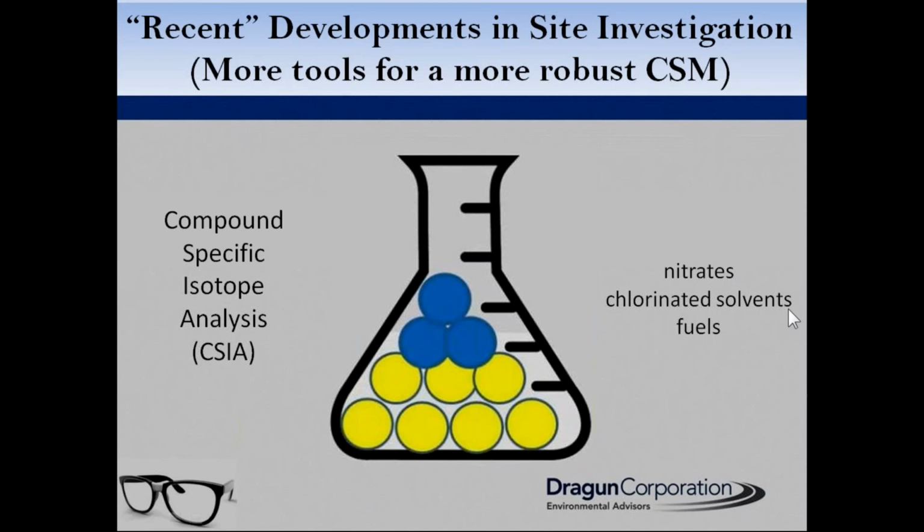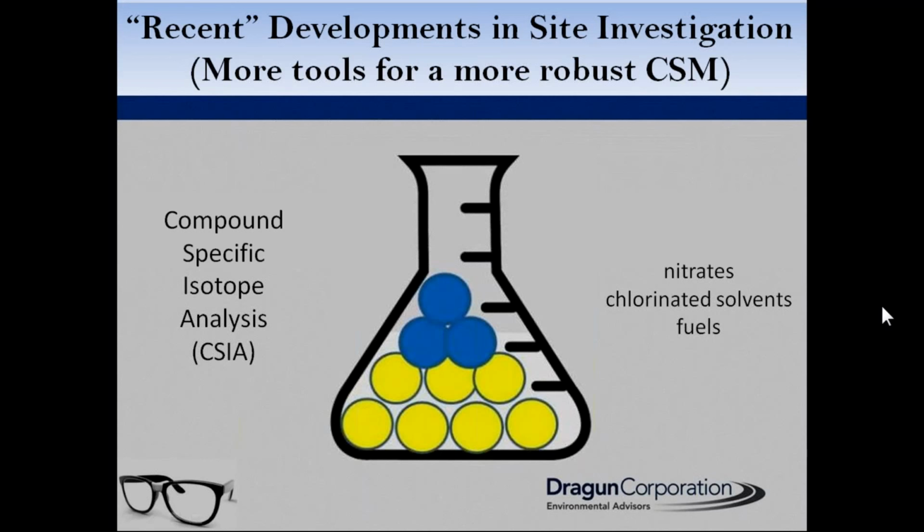And we can look at chlorinated solvents like TCE, PCE, and so on, or we can look at fuels like gasoline releases and answer questions about them, because as these chemicals break down, in the case of the chlorinated solvents and fuels, there are definite directions in which they break down isotopically.